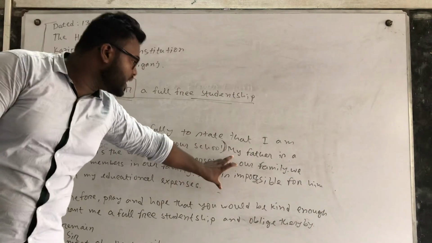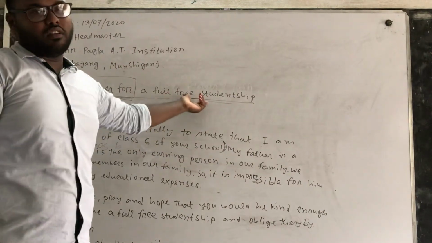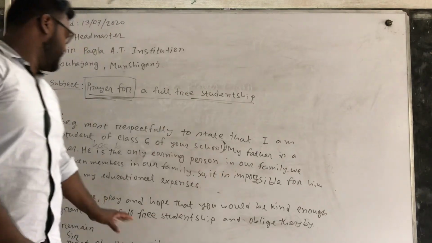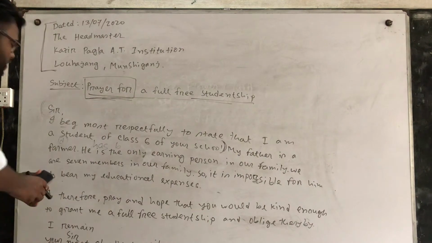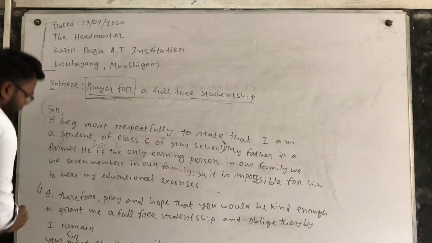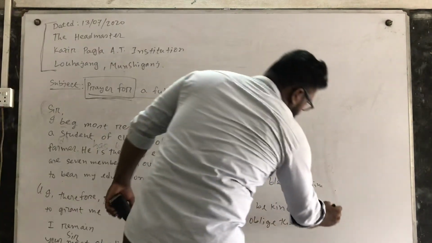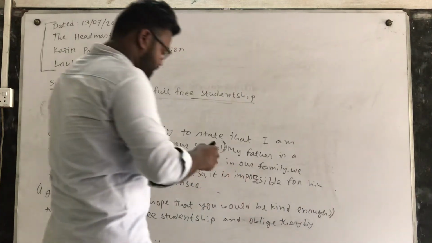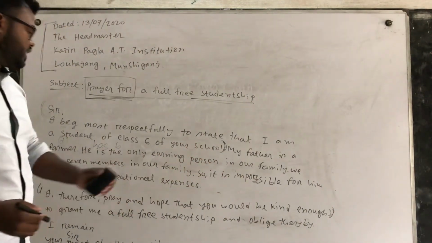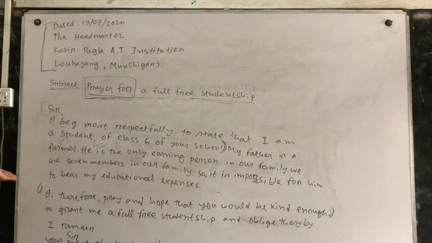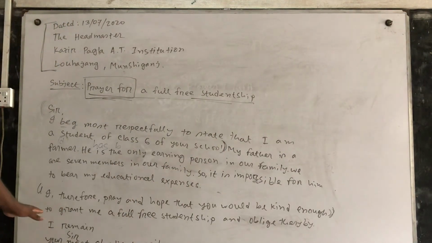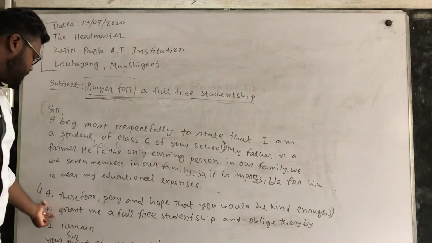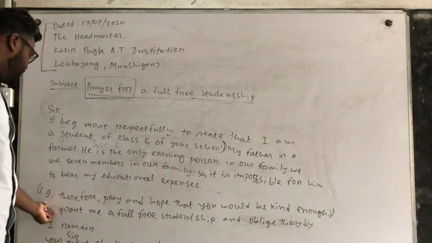Then you have to explain what you are praying for. Then the concluding part will be the same in each and every application till the word enough: I therefore pray and hope that you would be kind enough. Then you will seek permission for what you are praying for.